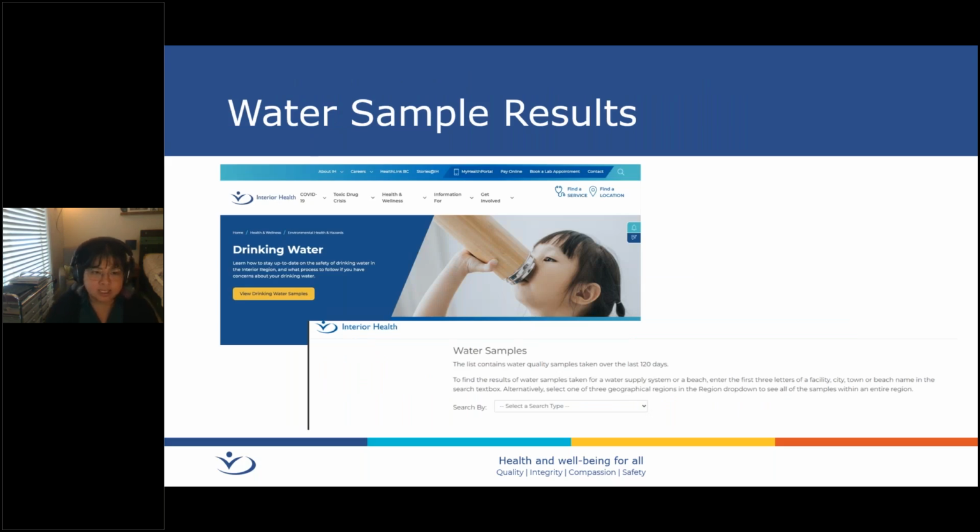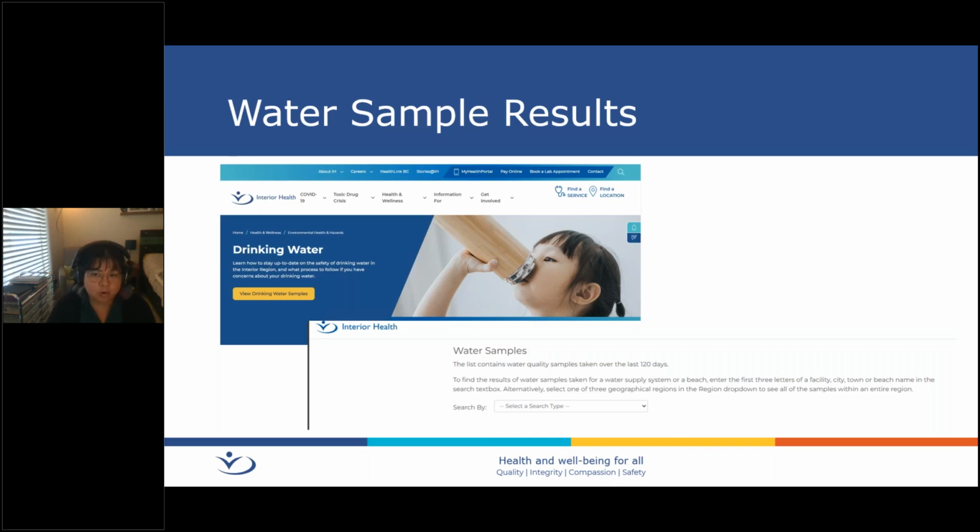And here you'll see the website where you can view your water sample results. And once you click, might be a little bit small to see, but here it says view drinking water samples. Once you click on that, you can search by your facility location, and the test sample results are posted for the last 120 days on this website.